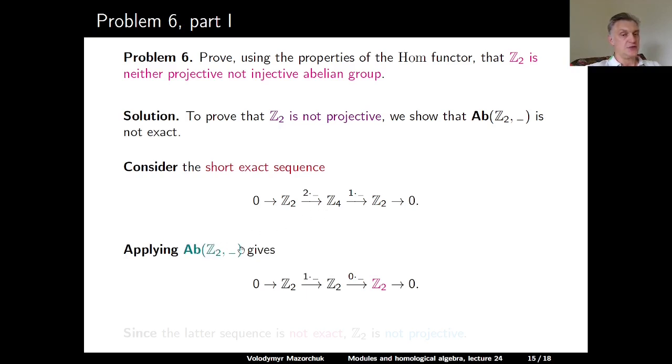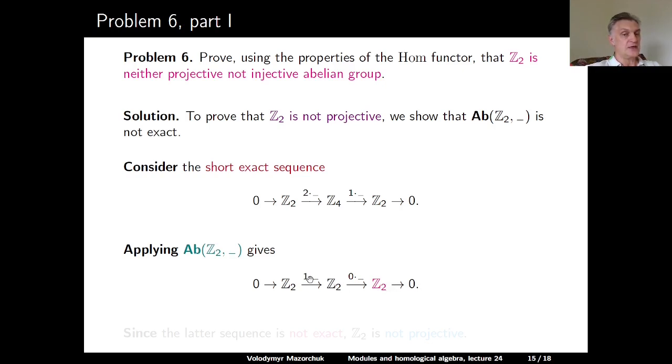Applying Hom from Z2 gives the following. So 0 goes to Z2, there are Z2 Homs from Z2 to Z2. Unfortunately, there are also Z2 Homs from Z2 to Z4. We can send the generator to 0 or to 2, nothing else works. So we have Z2 in the middle, and then Z2 again as a third component.